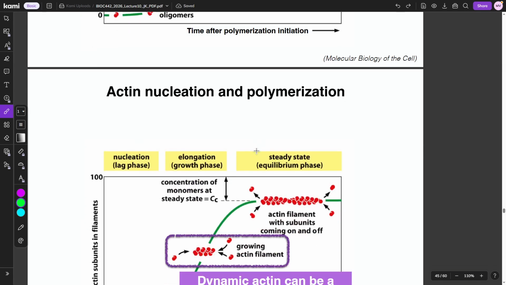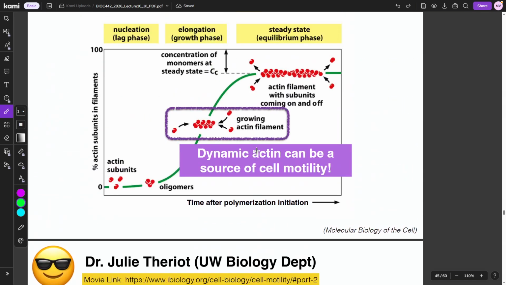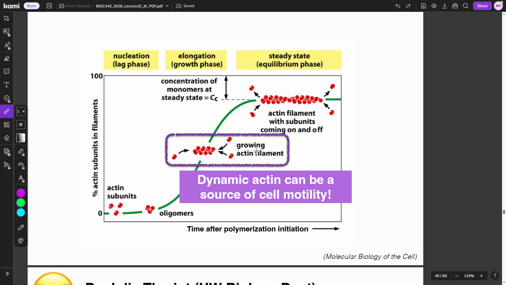So I like how they show this. Let's just look at this. Essentially, these are all going to be ATP bound subunits. They're all going to combine, and then eventually you have enough ATP forms where they start to bind to each other, and you make this massive filament.